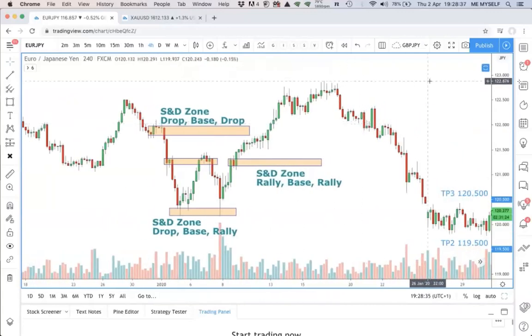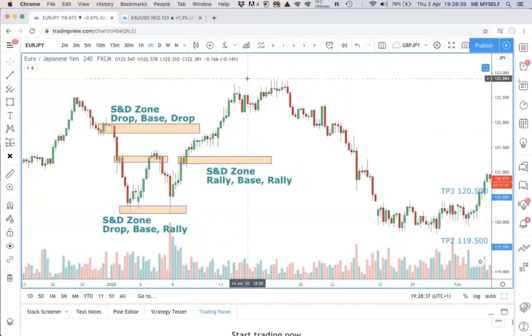All right. And the last one is when price pushes up and eventually we have a push up and then it drops. So we have a rally up here, a base, or more or less sideways movement, and then a drop.